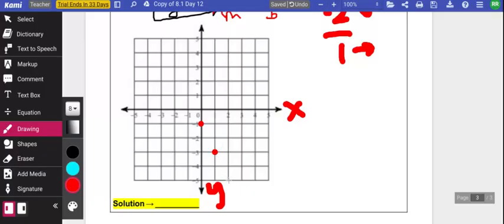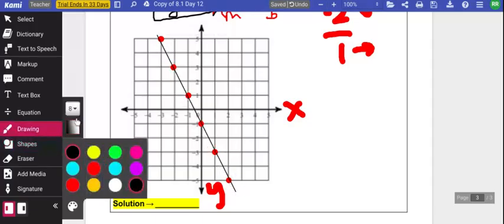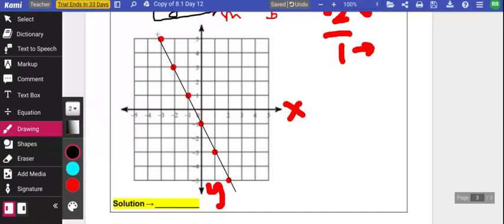Down 2, right 1. Or I could go up 2, left 1. Up 2, left 1. Okay, insert line. Click and drag to connect the dots. And on the end of the line, as always, we put an arrow to show this is indeed a line.